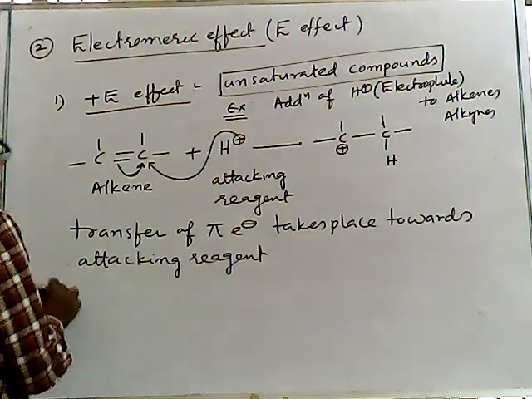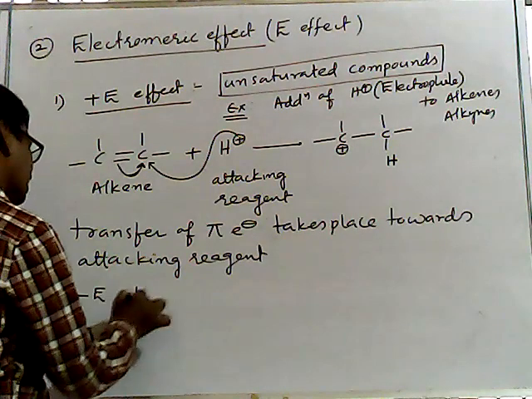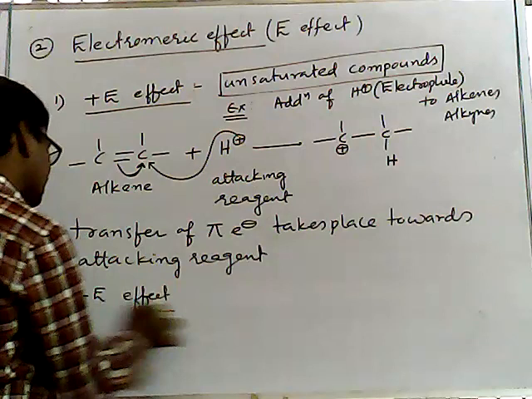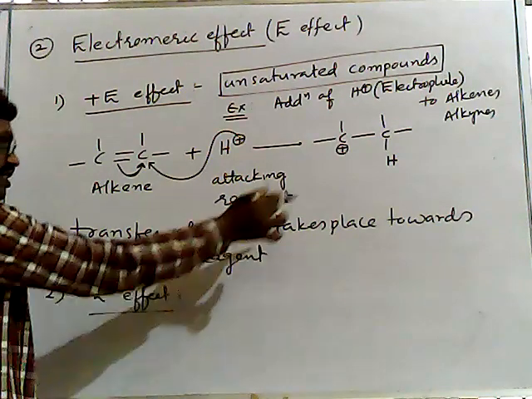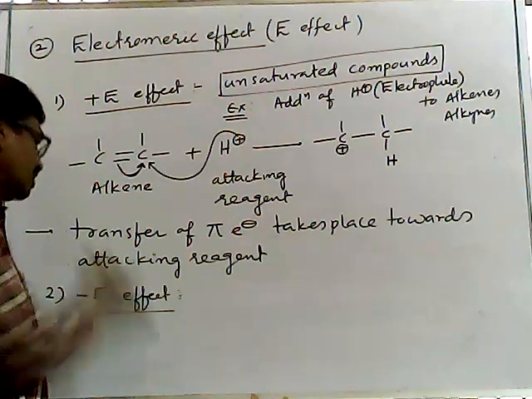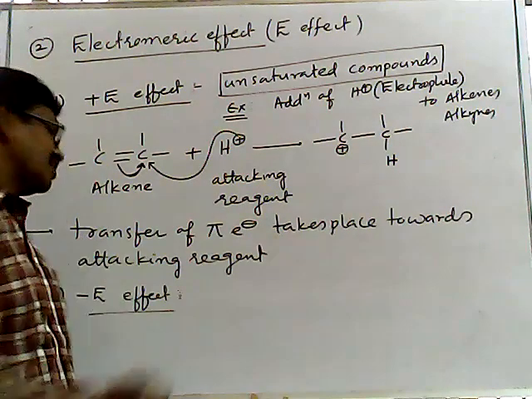Then the minus E effect. What is the minus E effect? As per the same definition already written here, in the plus E effect transfer of pi electrons takes place towards the attacking reagent.